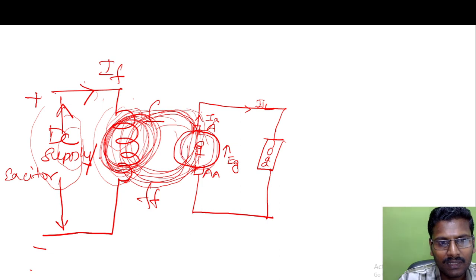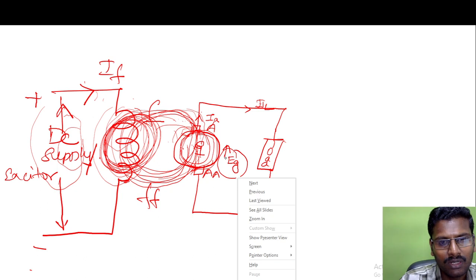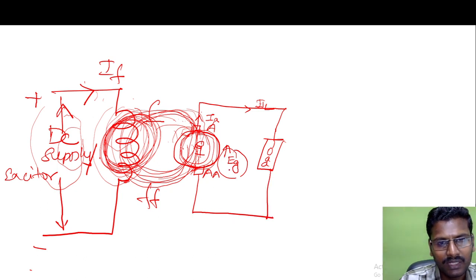The flux linkages between field and armature will become more and more. Now it will create some force in the air gap between the field winding and the armature winding, which will result in producing EG, the generated EMF. EMF will be generated, right?